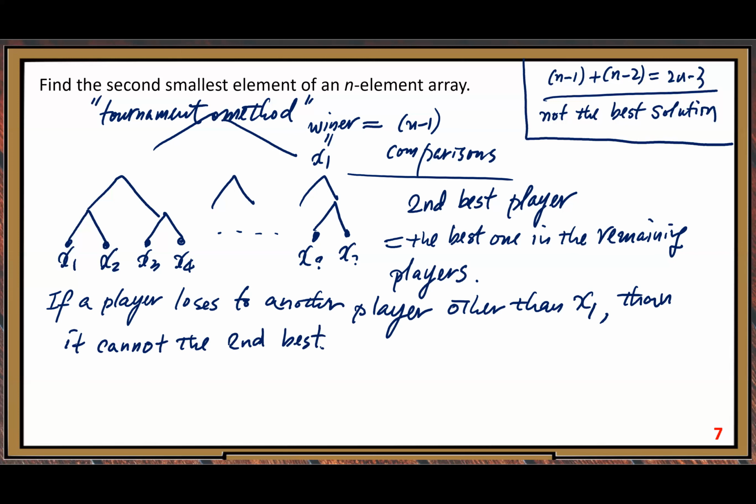That's easy to see, right? It cannot be the second best. If a player loses to another player different from X1, then the one who beat it can be considered second best, right? You already lost to a player other than the winner, so you cannot be the second best, okay?